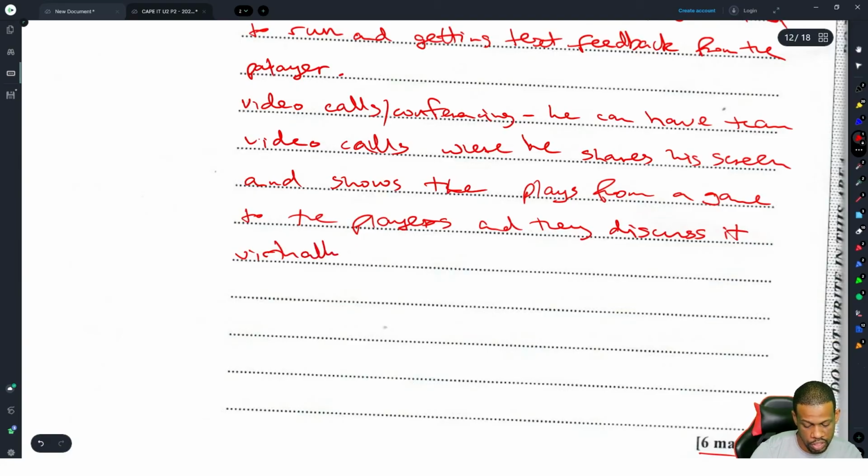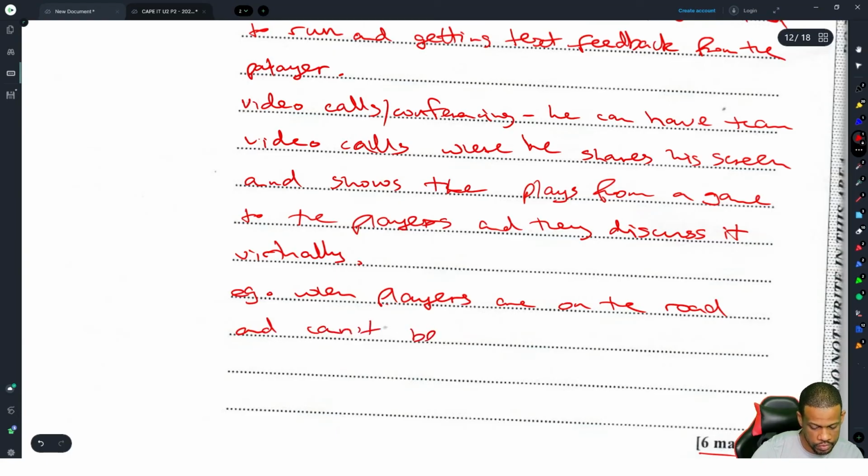Example, when players are on the road and can't be at training physically, they can still join in.